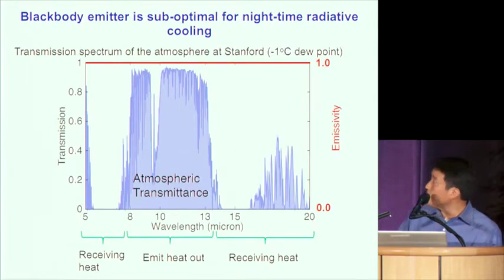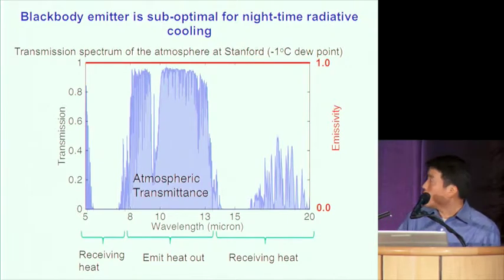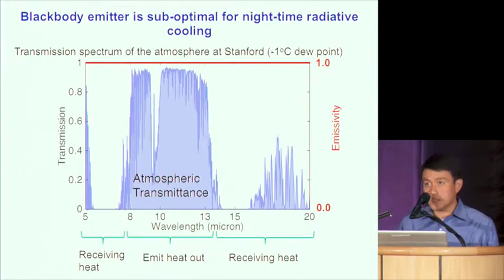So the blue curve here is the simulated transmission spectrum of the atmosphere at Stanford. And it basically, again, has a high transmission window of 8 to 13 microns, not as high as where Hawaii is, but still a very high one.